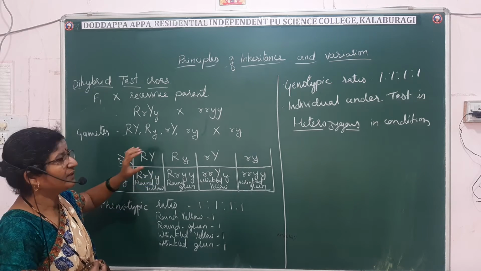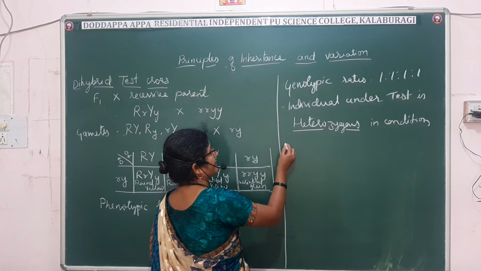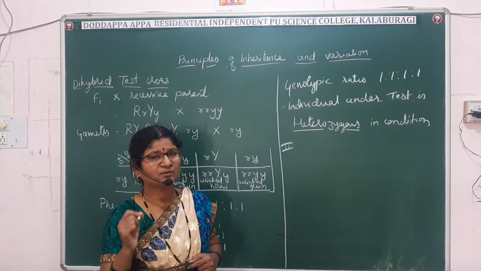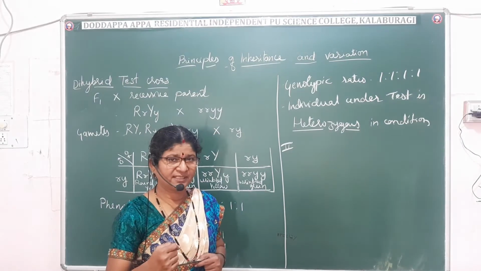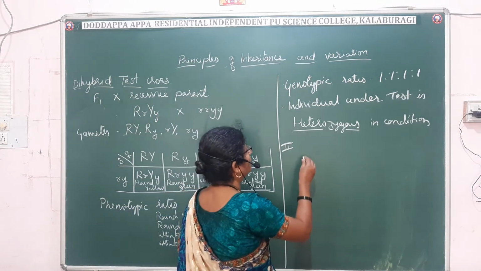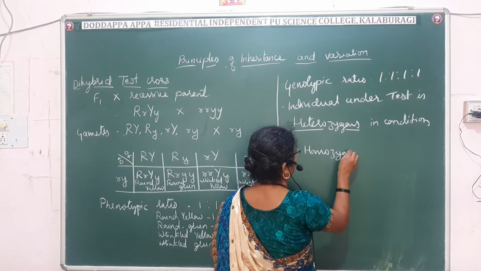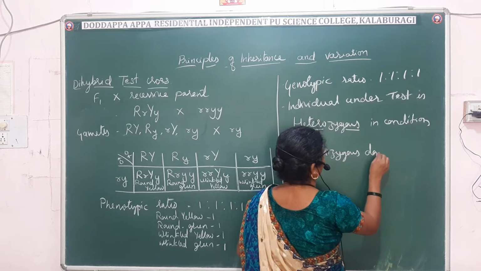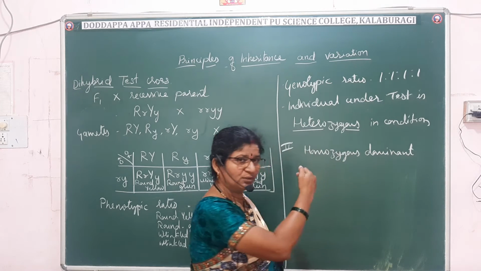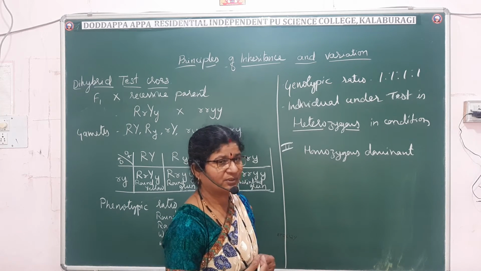Suppose the individual which you have taken is homozygous for the given condition. Let me take it as a second case. How are you going to get the result? So homozygous dominant. Now from the known, we will just see what kind of ratio we are going to get.